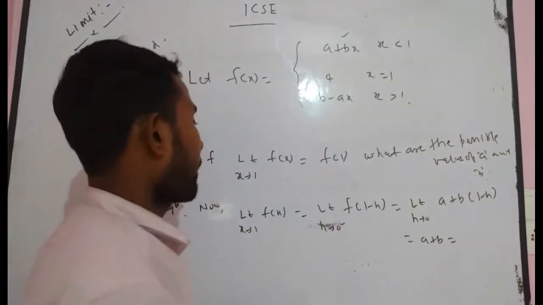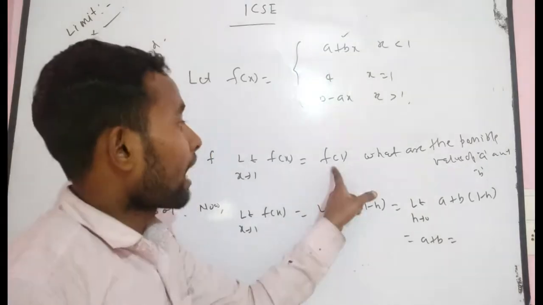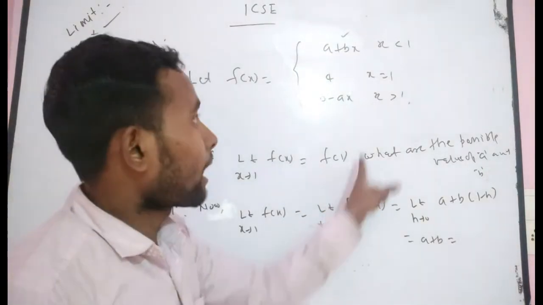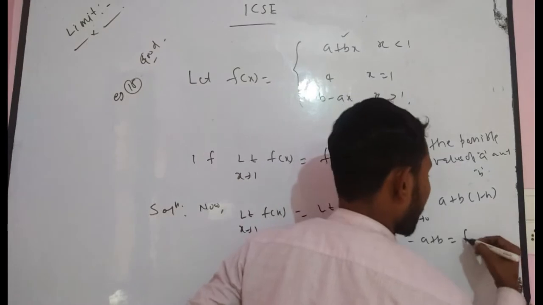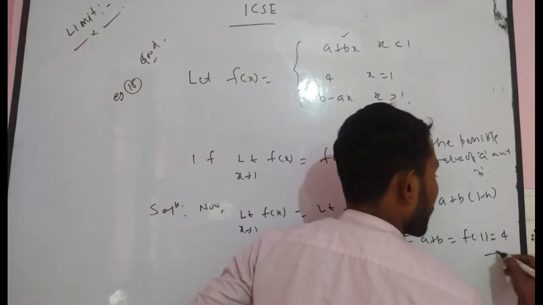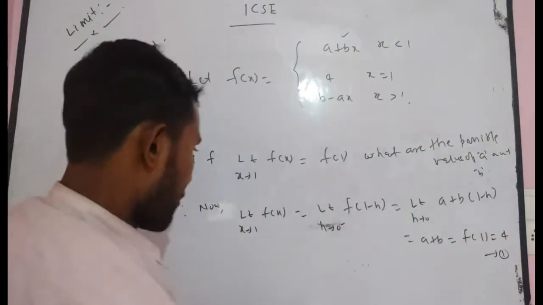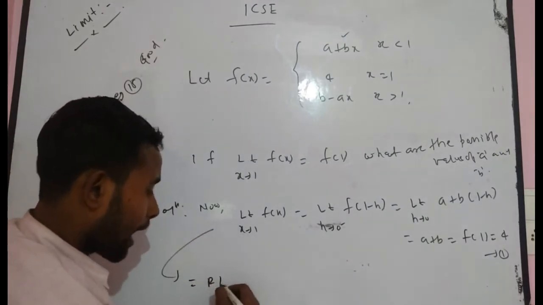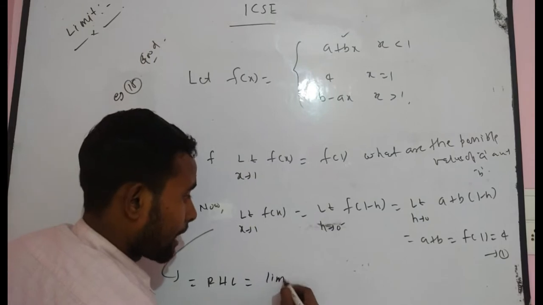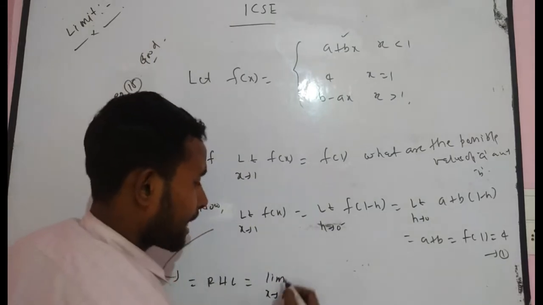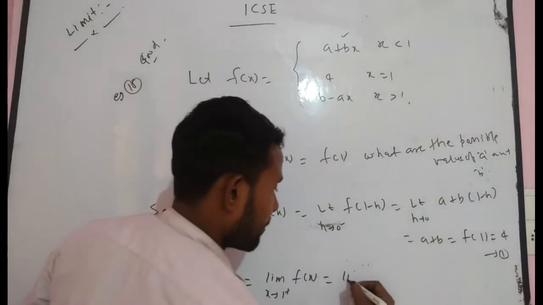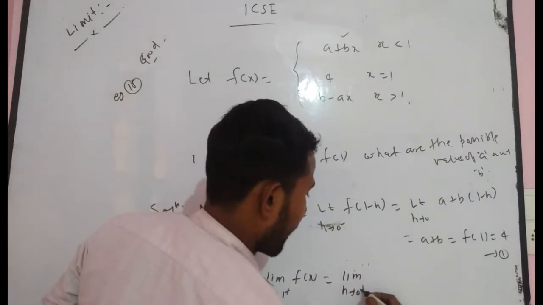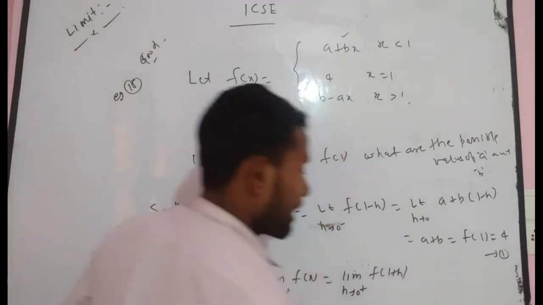It is already told that this is also equal to f(1), and f(1) is equal to 4. So you can write a plus b is equal to 4. This is equation first. Now this is also equal to the RHL, that is limit x tends to 1 from the right hand side of f(x), which is limit x tends to 0 from the right hand side of f(1 plus h).